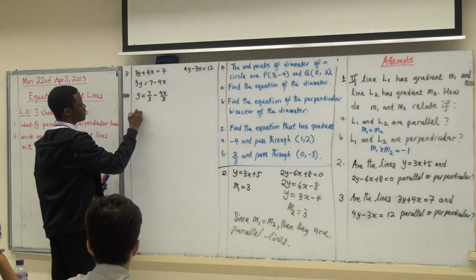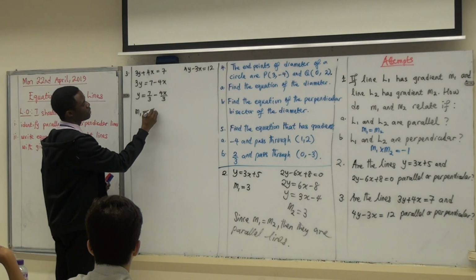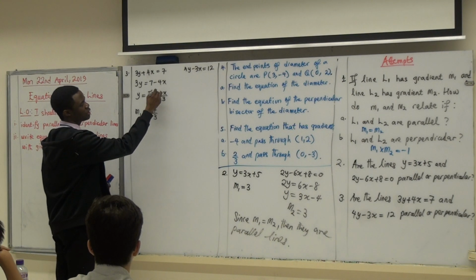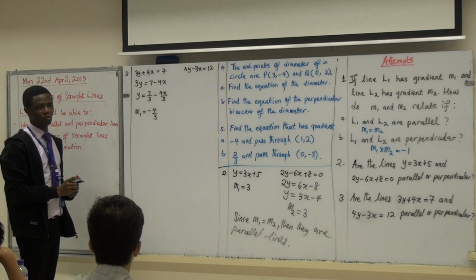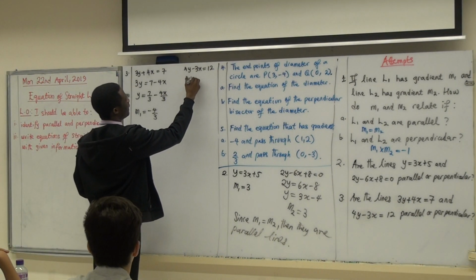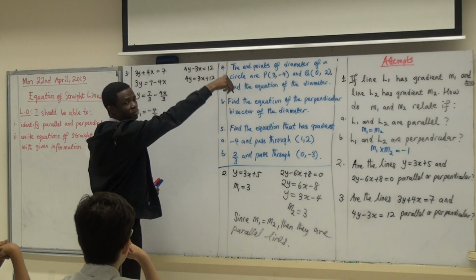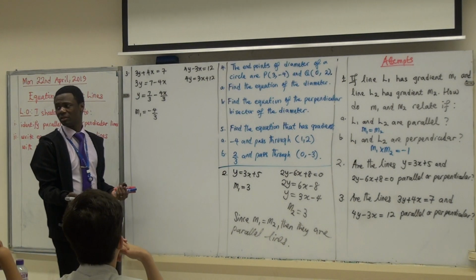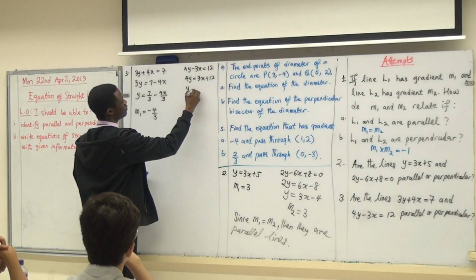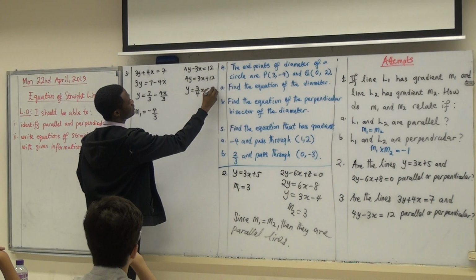So from here, what is m1? Negative 4 over 3. Not 4 over 3. Negative 4 over 3. Alright? From the second one, 4y equals 3x plus 12, or 12 plus 3x. It doesn't matter. Then from here, what do we get? y equals 3 over 4x plus 3.